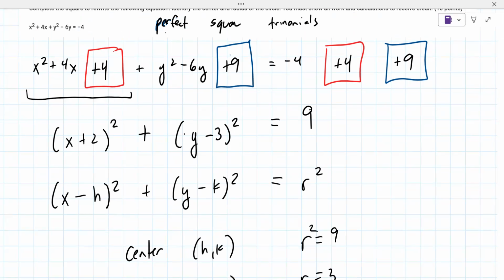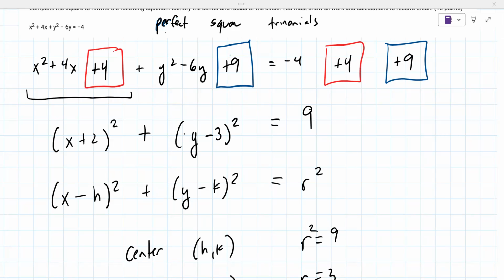Yeah, I just did it the way that I told you before, which was taking the x constant and the y constant, dividing that by 2, and then squaring it would equal the 4 and the 9.